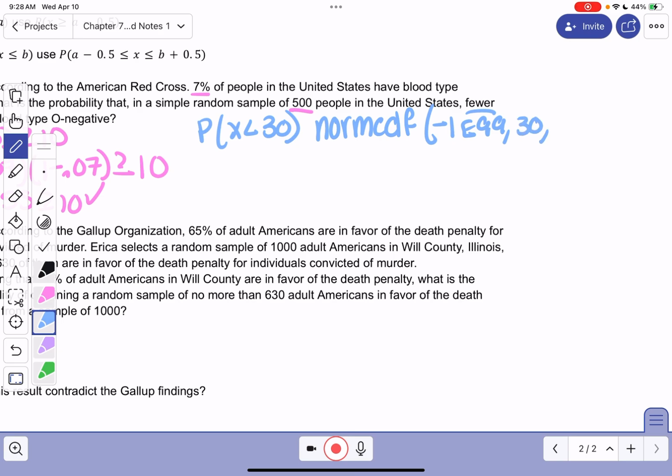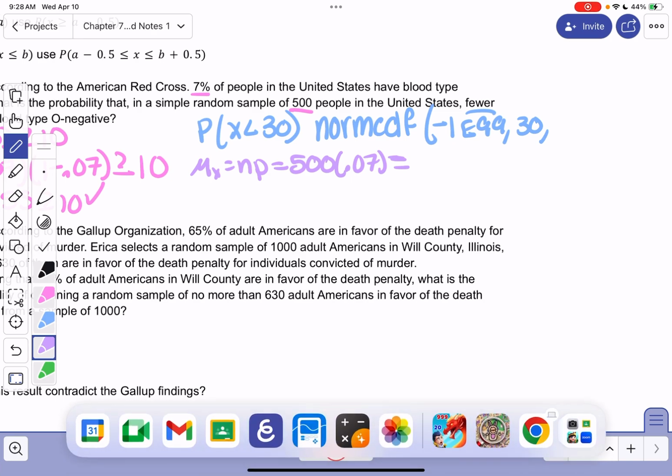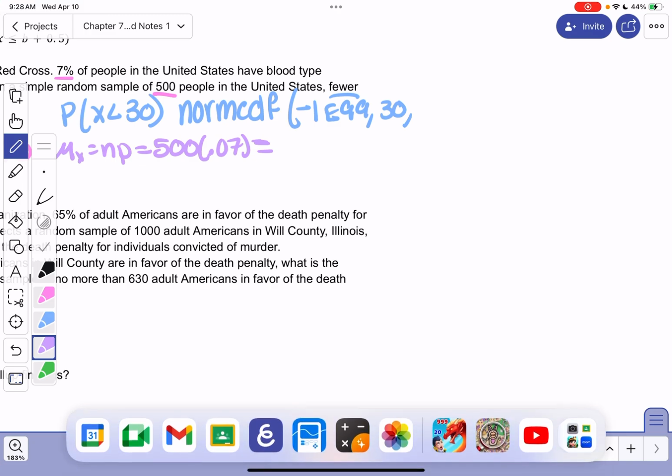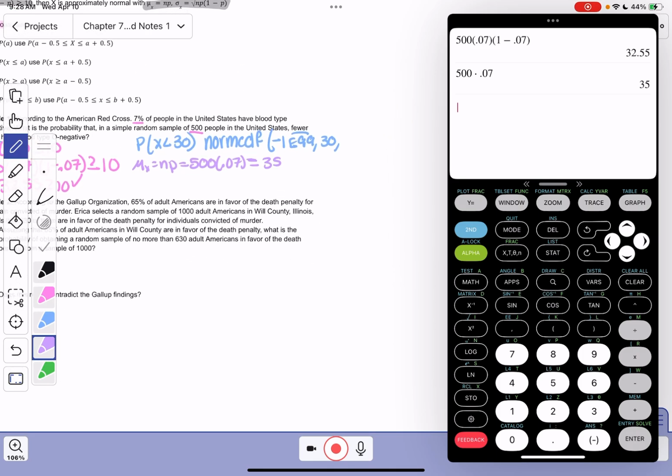Now we need the mean and the standard deviation. Our mean is NP, which would be 500 times 0.07, which is 35. So I'm going to put that in here for the mean.